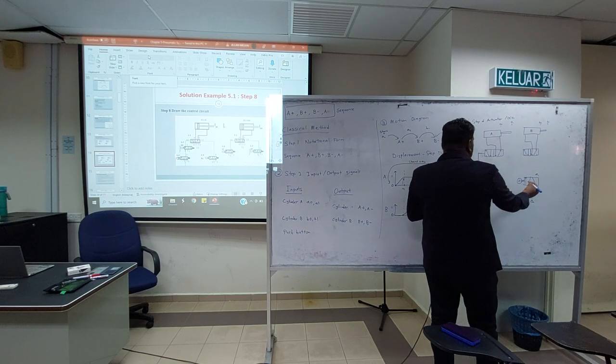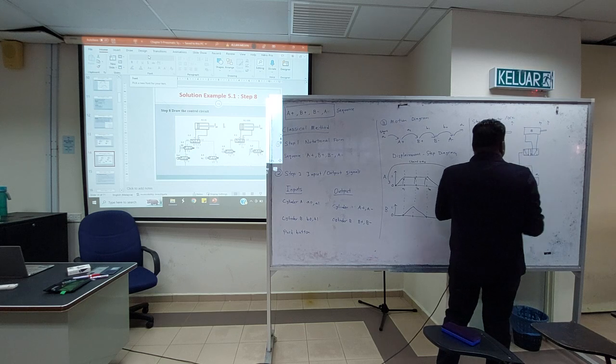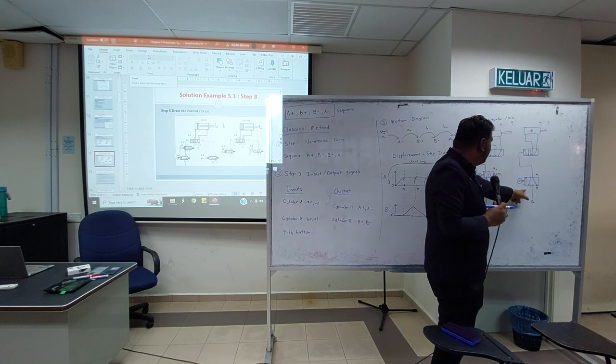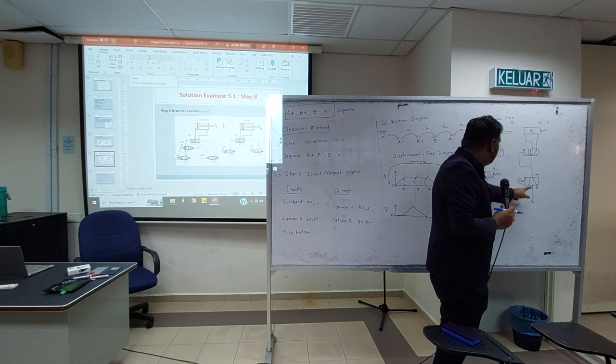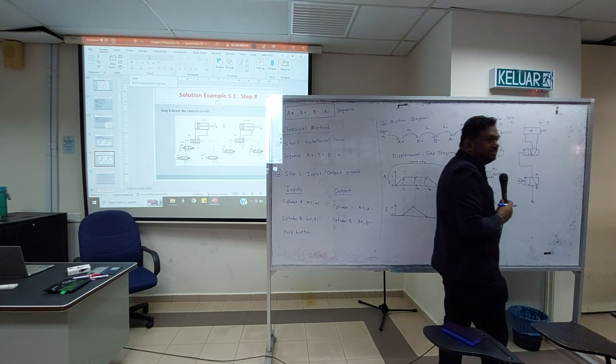So this is your A1. So A1 dia akan masuk ke, so cylinder A extend, so it will activate this. So it will tukar state, dia akan bagi compressed air akan masuk, cylinder B will extend.